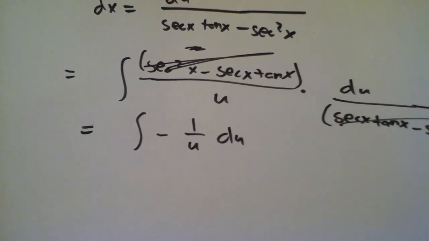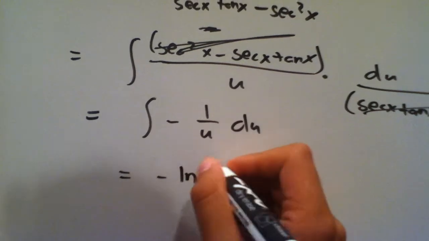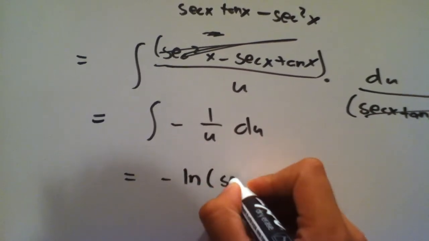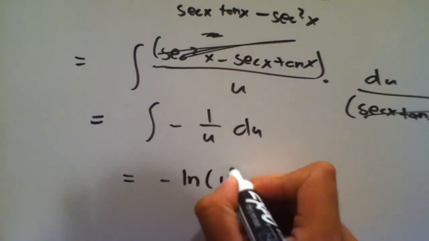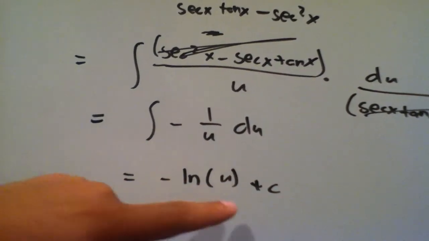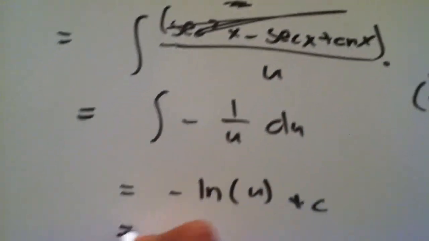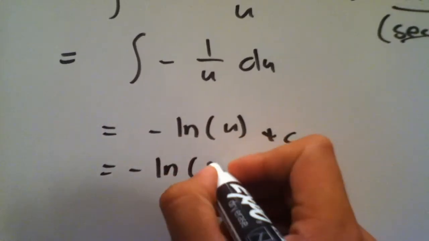So we can say negative natural log of u plus c. Now we can replace u with secant x minus tangent x and add that into our answer.